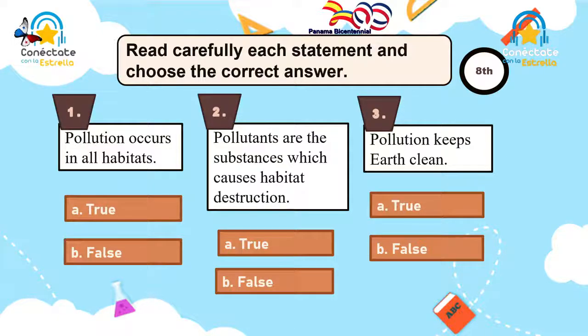I also can say the garbage or trash that is not deposited in the correct place or container. Okay, so to give you an idea of the word pollutants. Now think about it. Pollutants are the substances which cause habitat destruction. Letter A, true, or letter B, false? I would say, teacher Tatiana, letter A, true. That is correct. True.